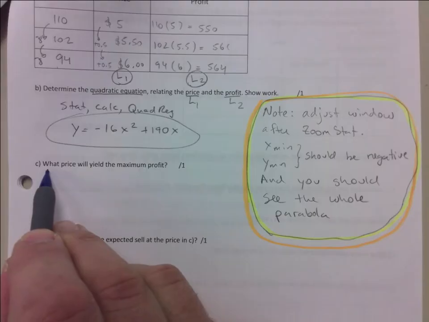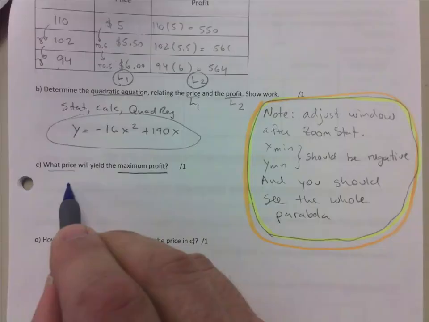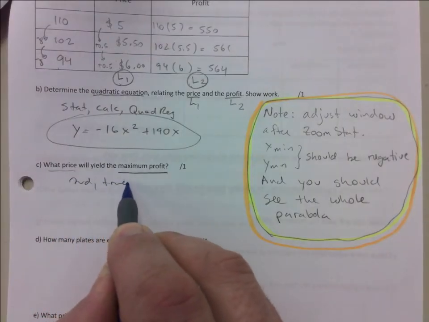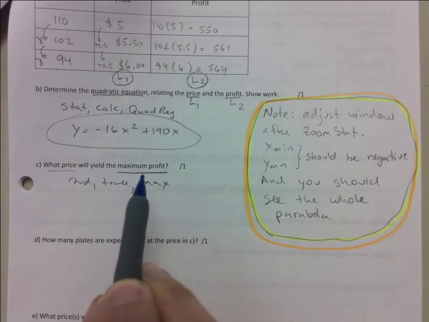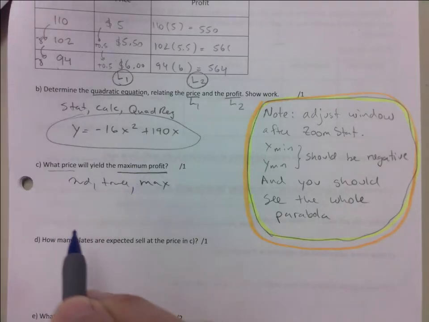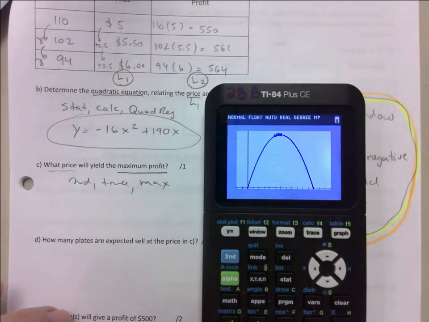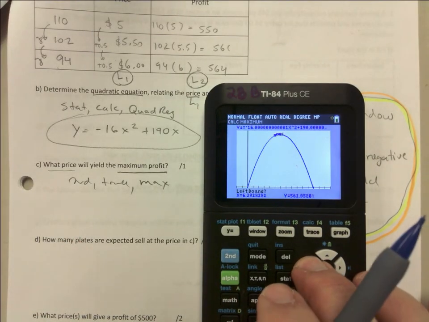Okay. What price will yield the maximum profit? We can do that. Second trace max. So it's not asking for the maximum profit. It's asking for the price that will give me the maximum profit. But I'm going to go ahead and find the vertex right now. Second trace max. I go to the left of it.